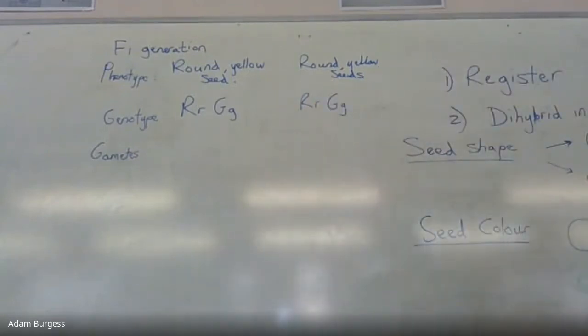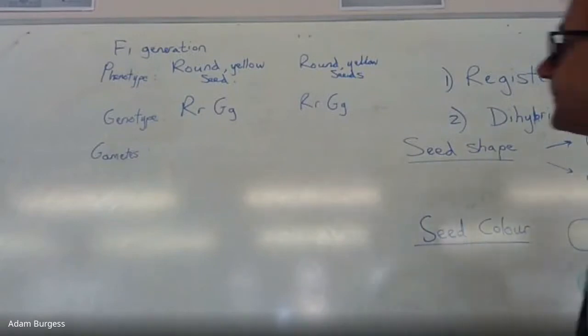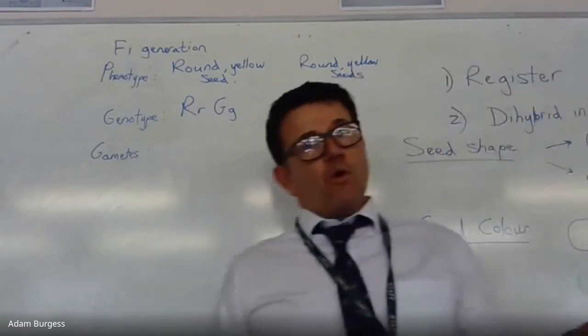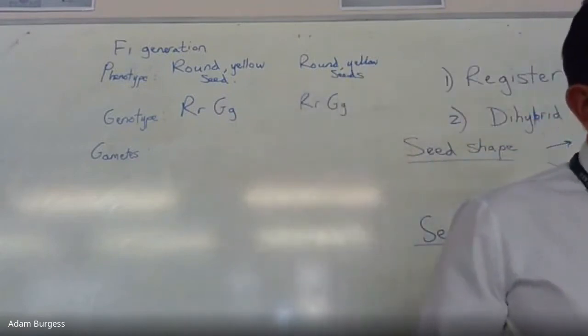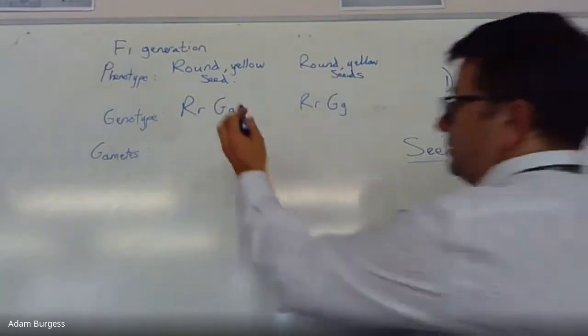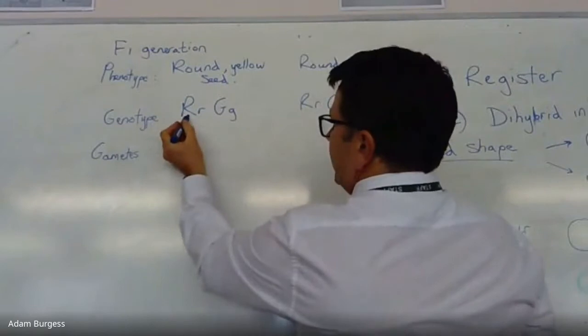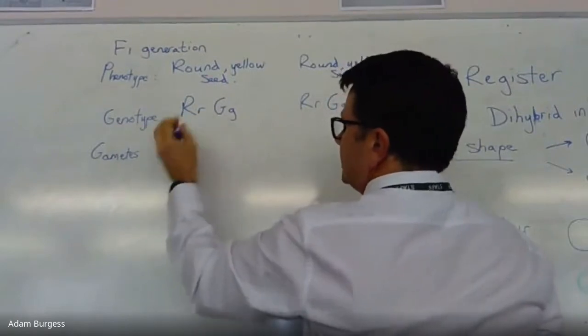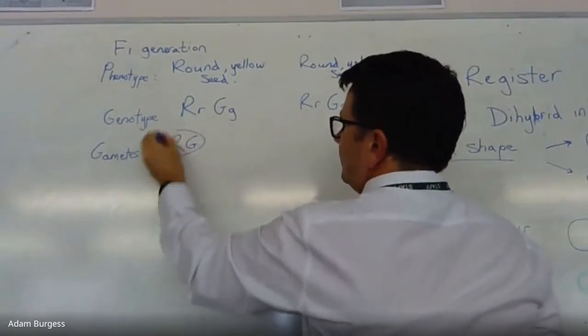So now we need to work out the gametes. There are in fact 4 gametes you could have for each one. If we go through each one in turn, the first gamete here, big R, big G, that'd be 1.